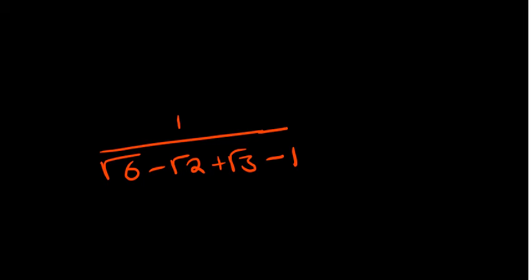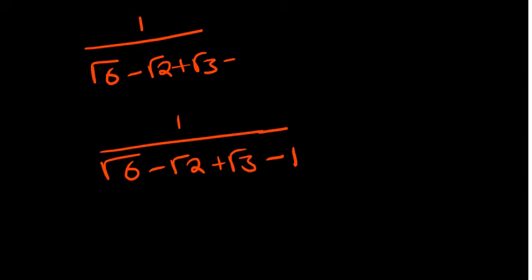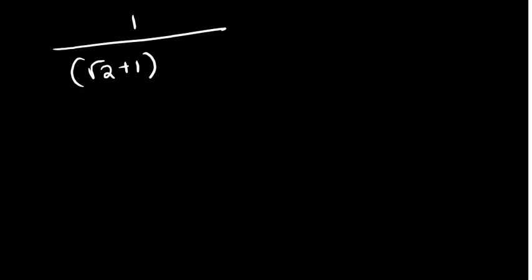So we now have 1 over root of 6 minus root of 2 plus root of 3 minus 1. So I'll do that again. We have 1 divided by root of 2 plus 1, multiplied by root of 3 minus a 1.